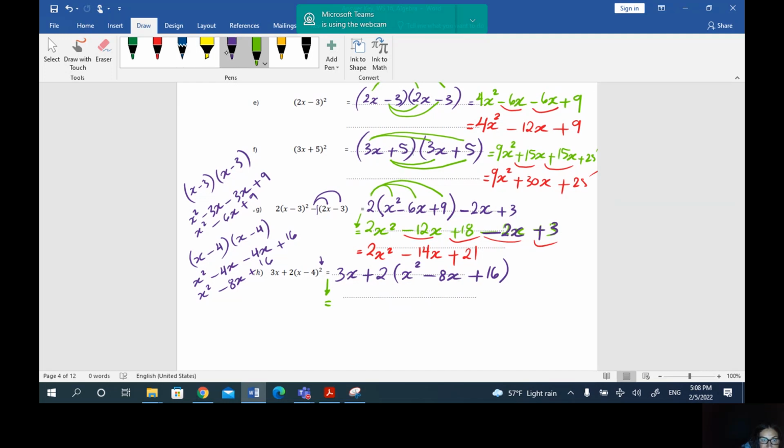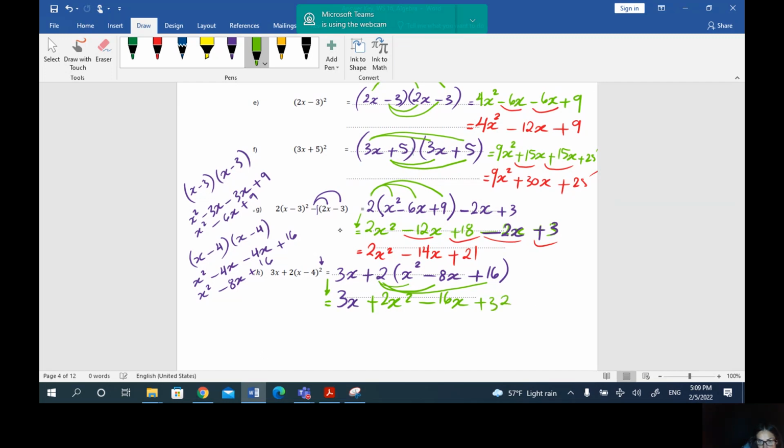The 3x will come down as is. Now, we're going to expand. 2 times x squared, it's plus 2x squared. 2 times negative 8x, negative 16x. 2 times 16 is plus 32.